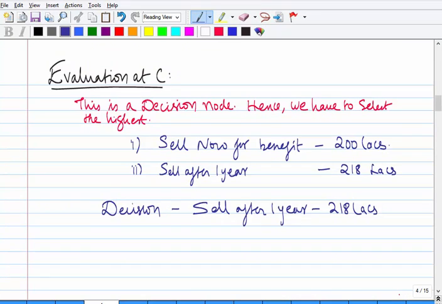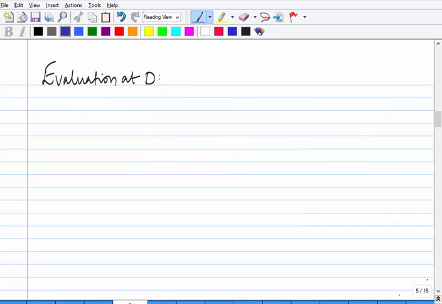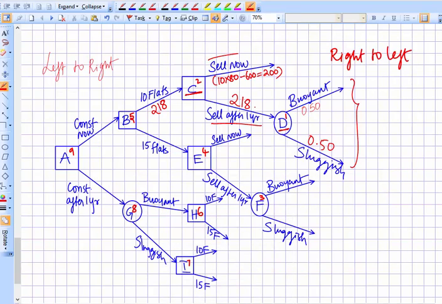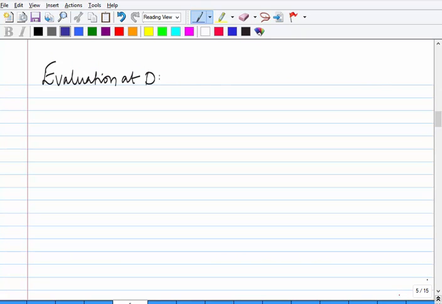So let me write that. Evaluation at, it's not D. What was that? It is evaluation at F. So let me just change this. This is evaluation at F. So evaluation at F, what happens? Do you have a choice? No, you don't have a choice.